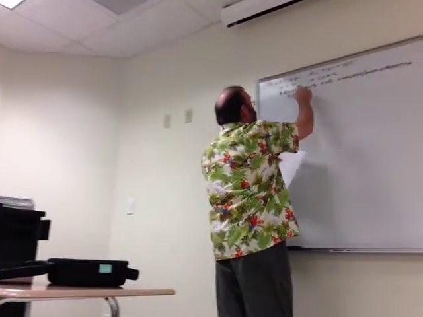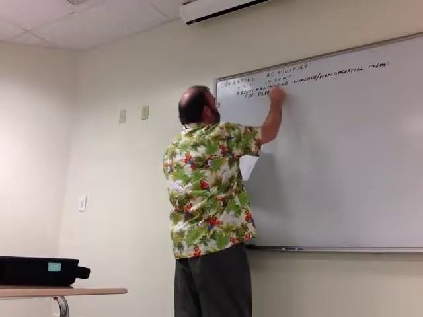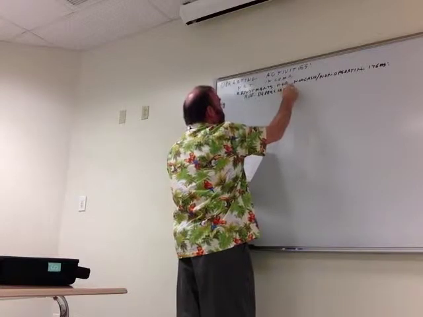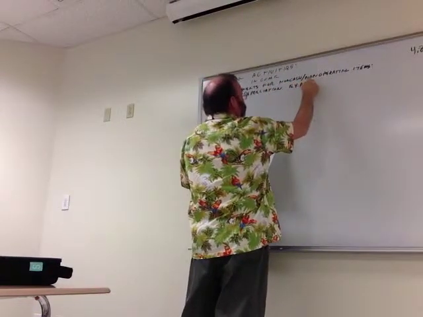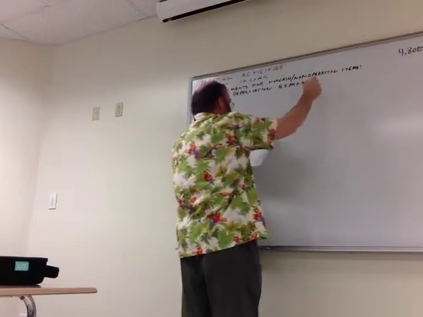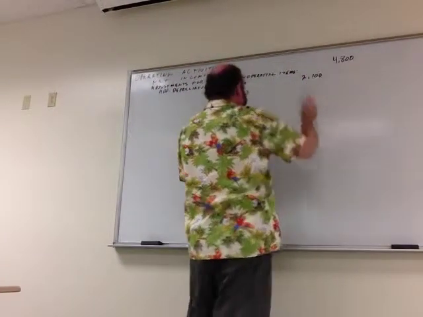In the little summarized income statement here, we see the third line down is depreciation expense, $2,100.